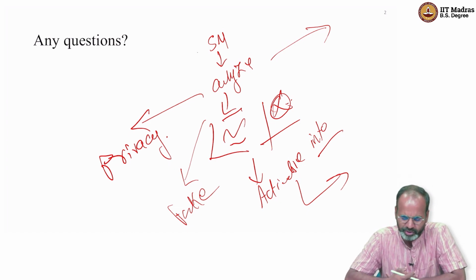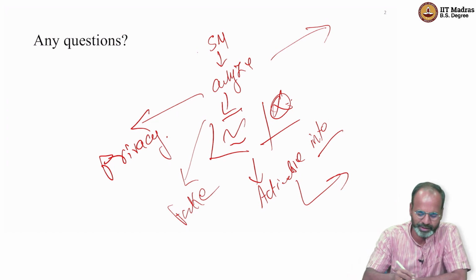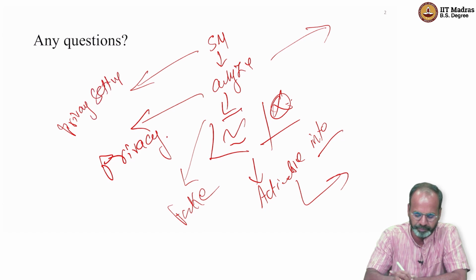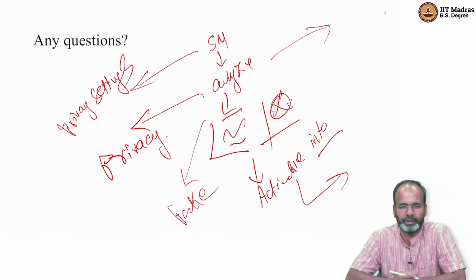We never touched on user behavior, the user side of the problem. We saw a little bit about what the user sees, the privacy settings. We saw what privacy settings are, how users get to view the privacy settings, what control they have over the information.